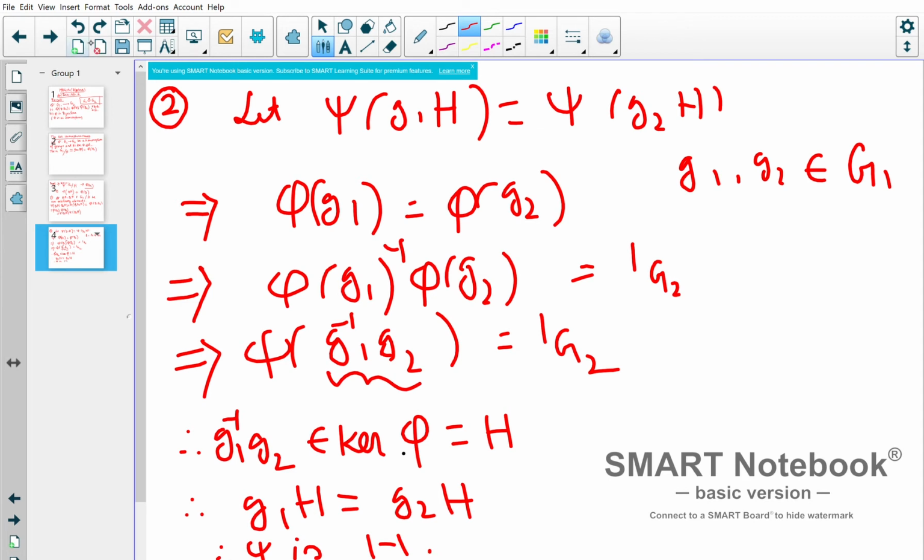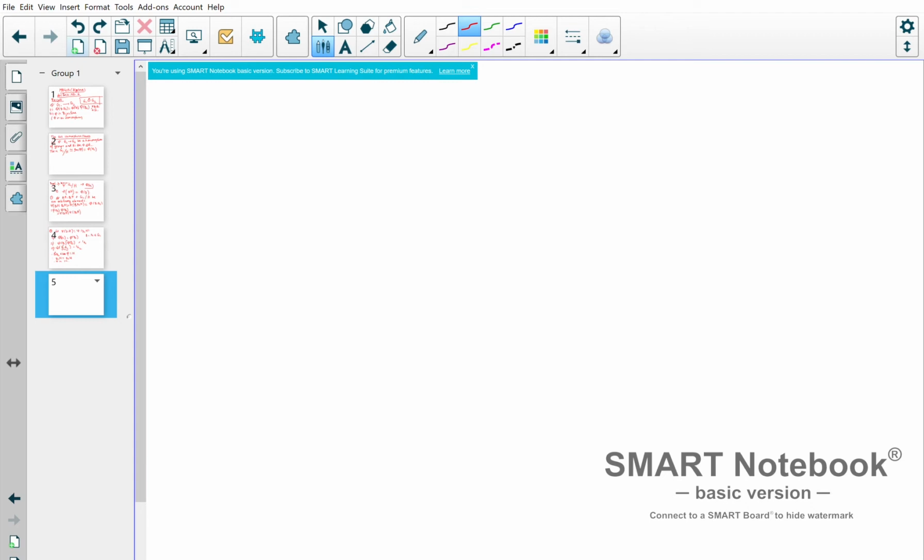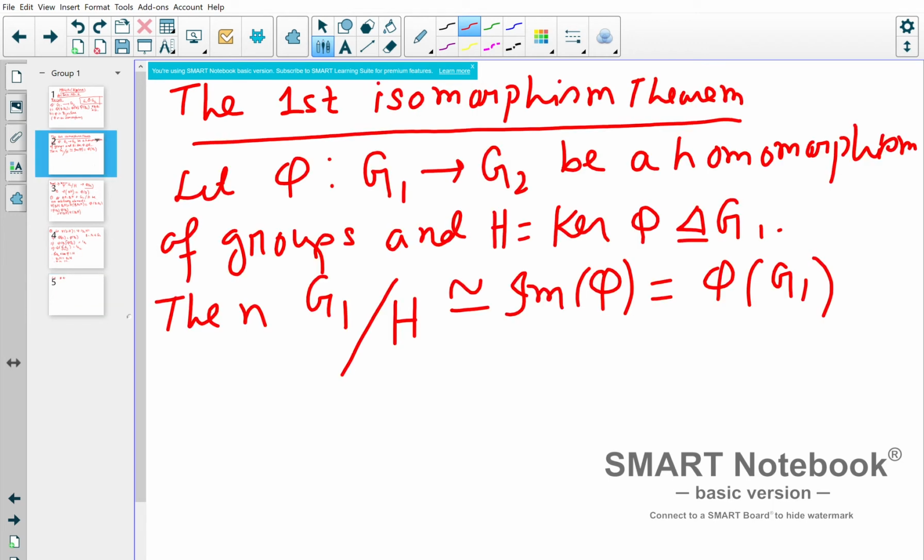Now you need to prove that this is a surjective map. To prove this, what do you need to prove? You need to prove that every element has a pre-image. So let X belong to the codomain.